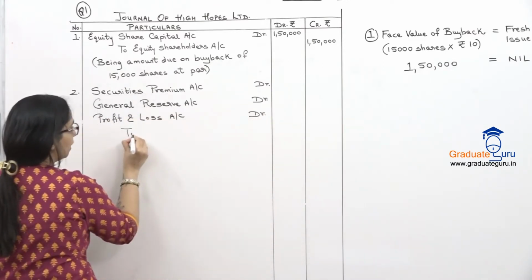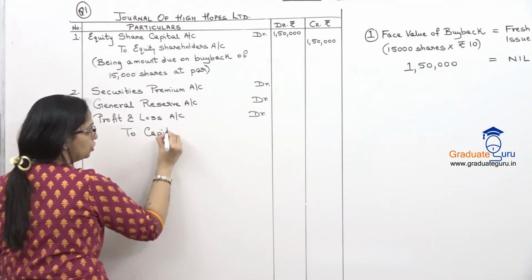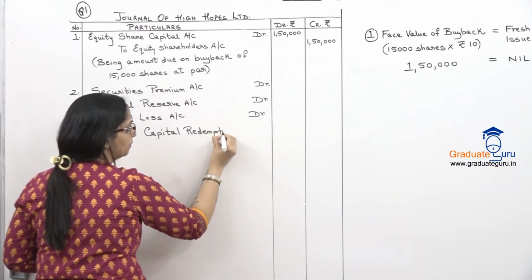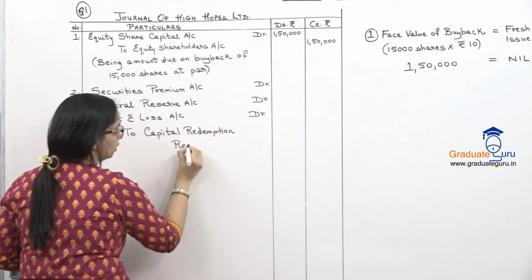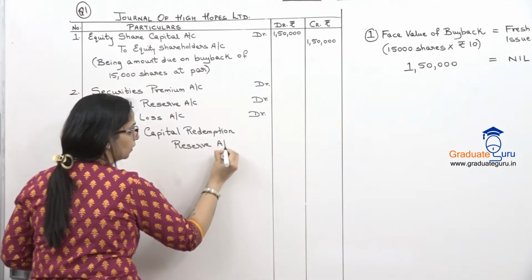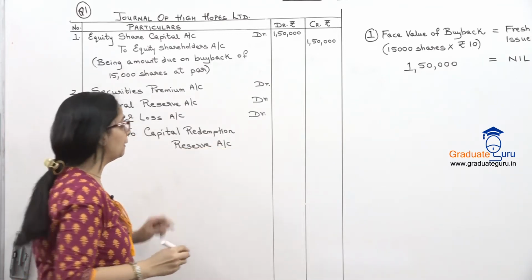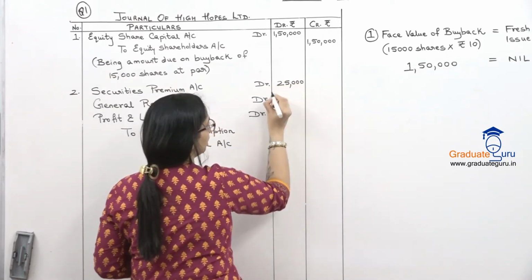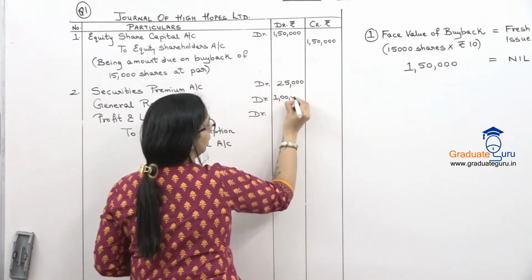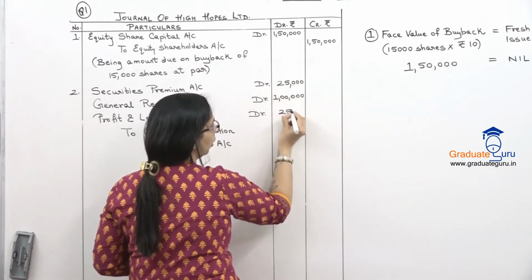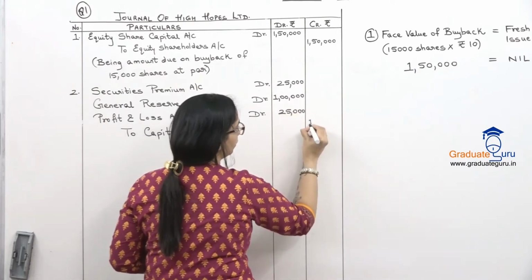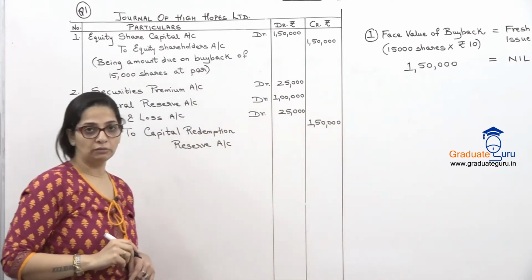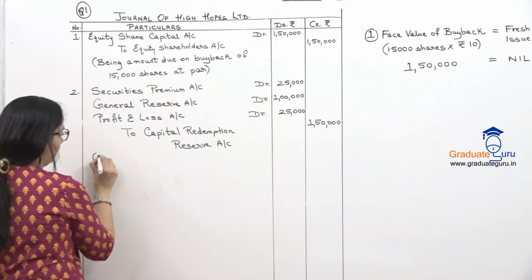And the entire amount goes to a new account called capital redemption reserve account. Amounts भर देते हैं. Securities premium 25,000. General reserve 1 lakh. And P&L also 25. My total is 1,50,000. Narration again short and simple.